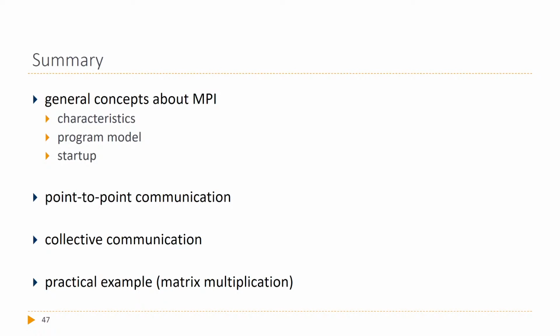Then the main 2 categories of communication, which is point-to-point and collective. I gave you examples on why or when you might need them, what the difference in performance and productivity is, and so on. Gave you information on all the collectives, or not all the collectives, but several important collectives that are available. There are many more available than what I showed you now, and all of them are available as non-blocking variants also.